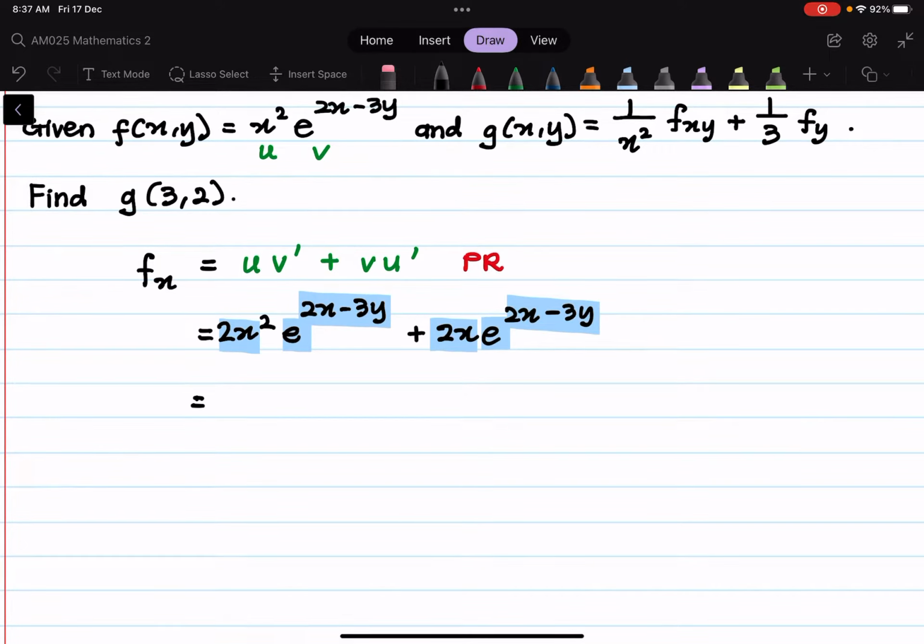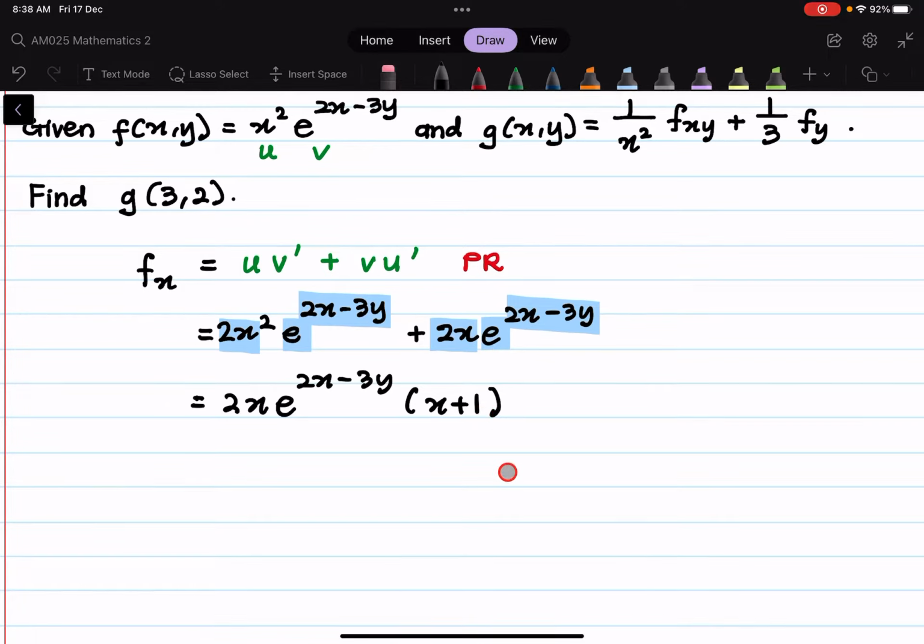So we're going to factorize that out. So we're left with x plus 1, because this is x squared here. So this x times this x will get the x squared, and we have taken out all the e^(2x - 3y). So we're left with 1.